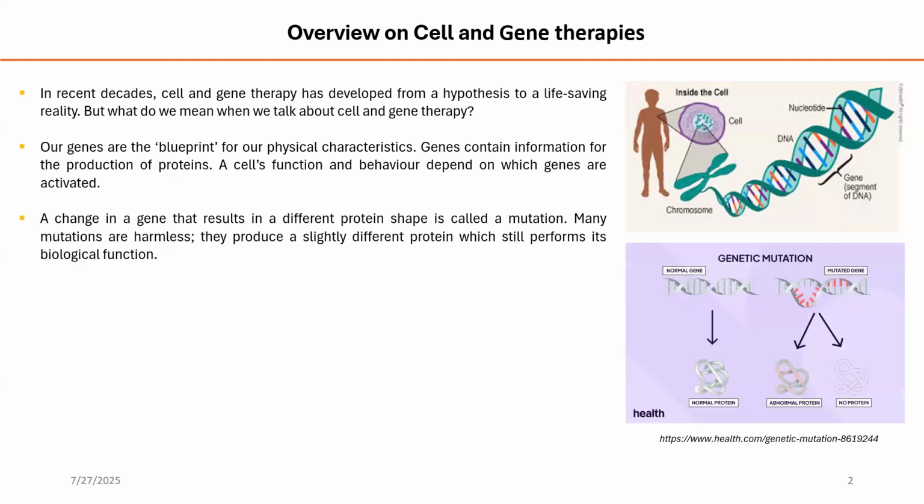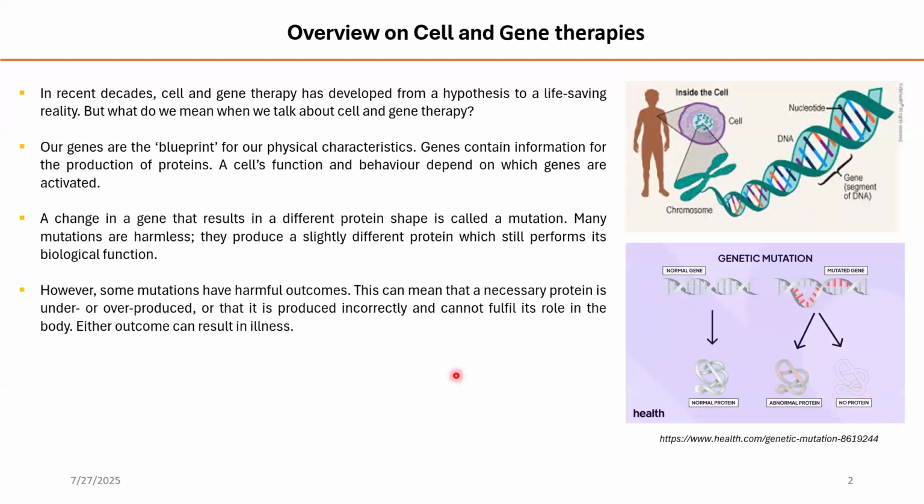Here you can see, I will put the pointer, a normal gene. Normal genes produce normal protein and normal function. But in the case of a mutated gene, it leads to abnormal protein formation or no protein at all, which leads to a disease condition.